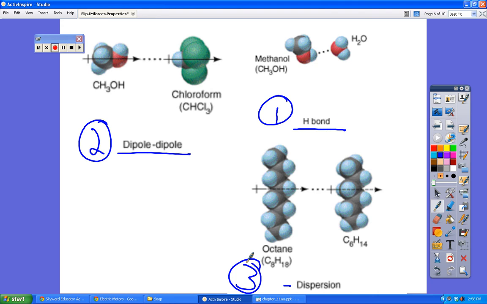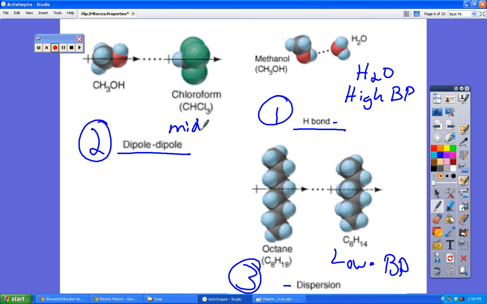For example, if there are a lot of hydrogen bonds, in the case of water, it's going to have a high boiling point. In the case of dispersion forces, these would have low boiling points. And dipole-dipole would be somewhere in the middle.